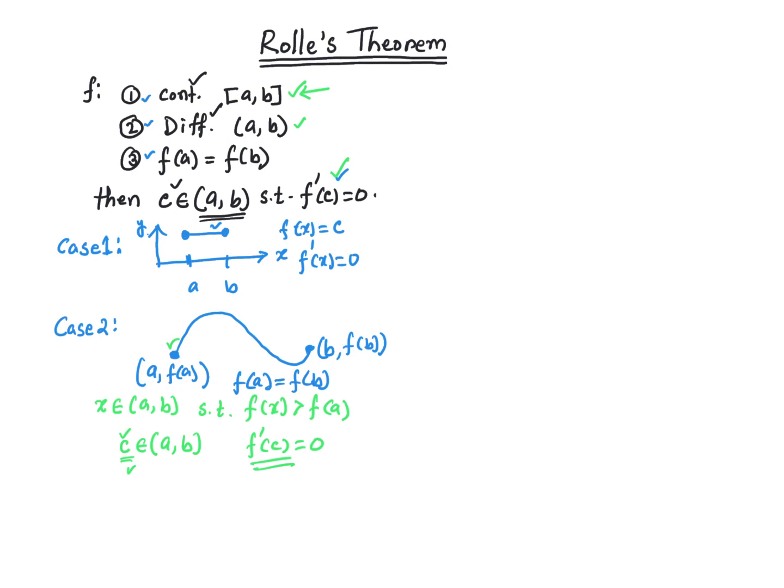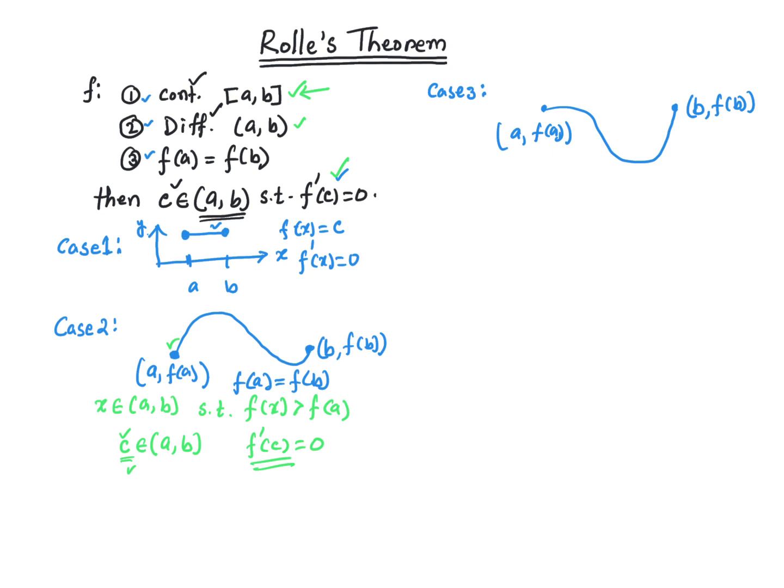Now let's consider case 3. Here what I'm going to do, so this is my A, f of A, and this is my B and f of B. Here I'm going to do something like this. You can make it any shape you want.